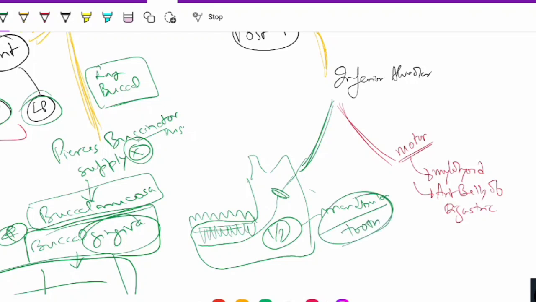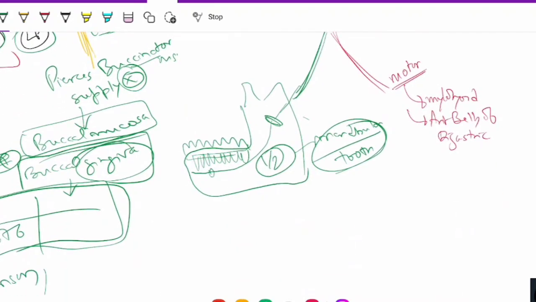Now remember one important thing over here. Buccal gingiva was supplied by the long buccal nerve. Teeth are supplied by the inferior alveolar nerve. But what about the buccal gingiva of the rest? It is supplied by a continuation of inferior alveolar, which comes out of the mental foramen at the level of the premolar, known as the mental nerve, which supplies the gingiva anterior to 6.